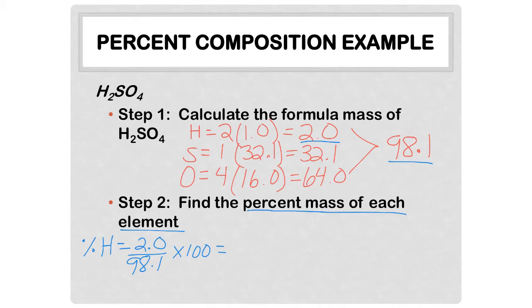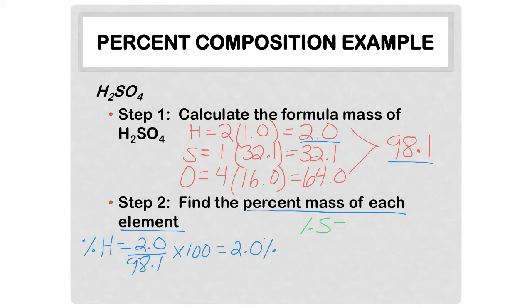We won't have to worry about significant figures on this problem because we were not given any data to work with. So we get a free pass on significant figures here. All right, and that works out to be 2.0%.